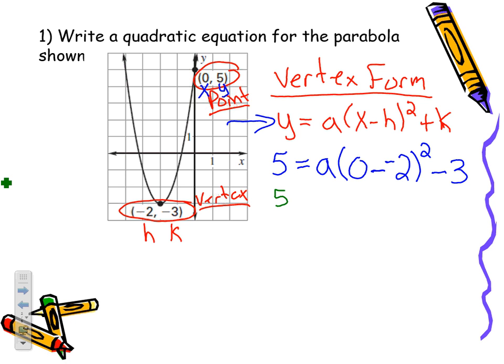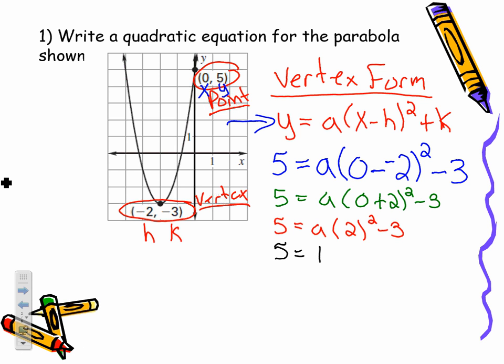Now we have to start simplifying this. So 5 equals a times 0 plus 2 squared minus 3. Simplify it some more. 5 equals a times the quantity 0 plus 2 is just 2 squared minus 3. Now 2 squared is 4, so I'm going to have 5 equals, I like to write my number before my variable, so it's going to be 4a minus 3.